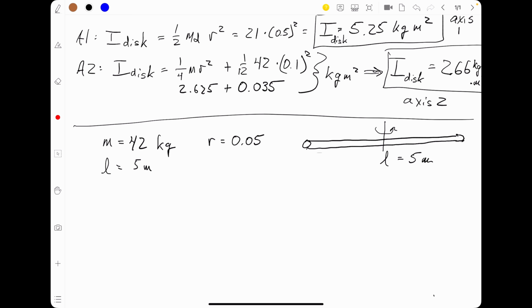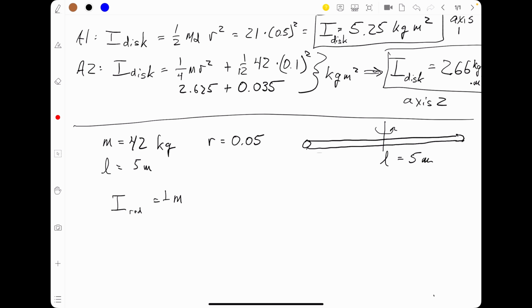And we go to this one and we say, what is the I for this thing? In this case, we're really talking about a thin rod. So I have the moment of inertia for the rod, and that's the mass of the rod times 1/12.